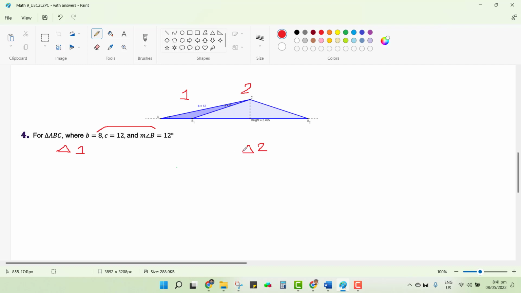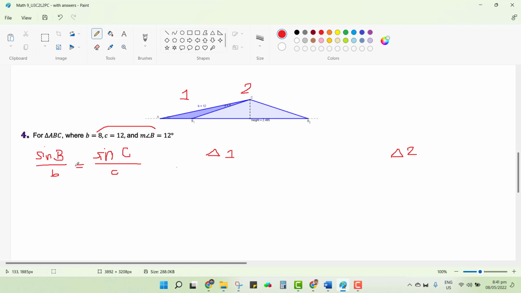Let's just solve it in the first place. Let us solve first the measurement of angle C. So it would be sine B as the given over B must be equal to sine C, angle C, all over small letter c here.